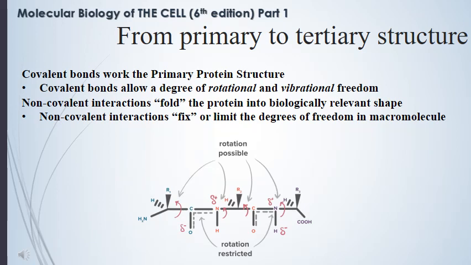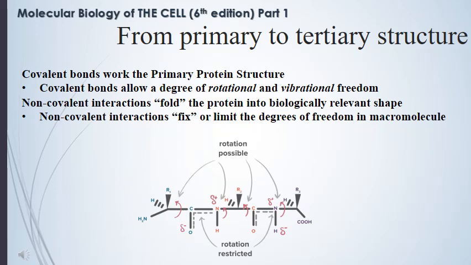But the important thing is that covalent bonds may have a degree of freedom, rotational and vibrational freedoms. Not always, but sometimes a single bond carbon-carbon or carbon-nitrogen, carbon-oxygen, they may have a certain degree of freedom. And so they can have some resonance conformation.